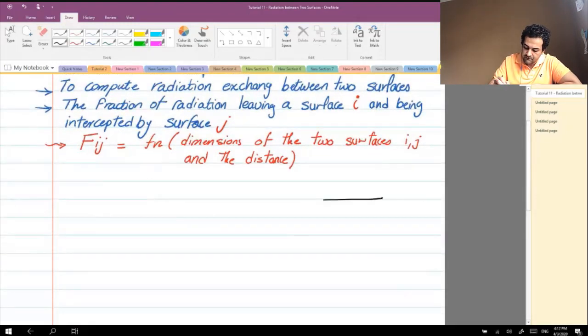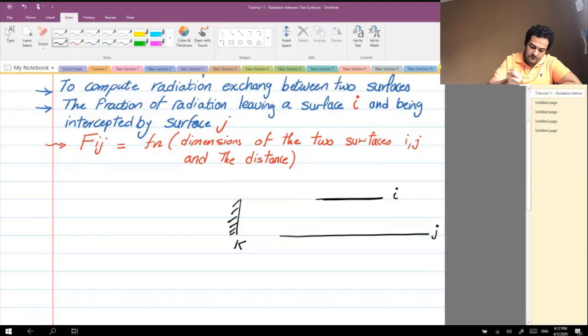If we have surface, let's call it I, and another surface here J, and there might be another surface here, we call it surface K. The first thing you have to do when you have more than two surfaces is name them. So let's call them surface number 1, surface number 2, and surface number 3.